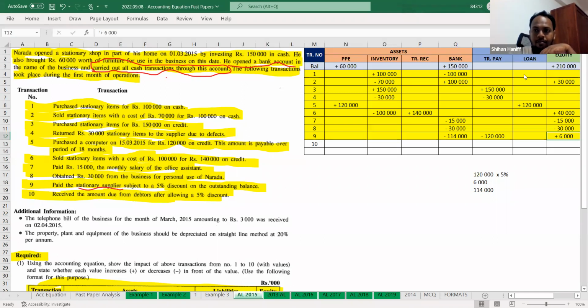Stationery supplier means trade payables, subject to a 5% discount on the outstanding balance. Now, this is the trade payables balance. We initially purchased 150,000 and we returned 30,000, so the balance is 120,000.